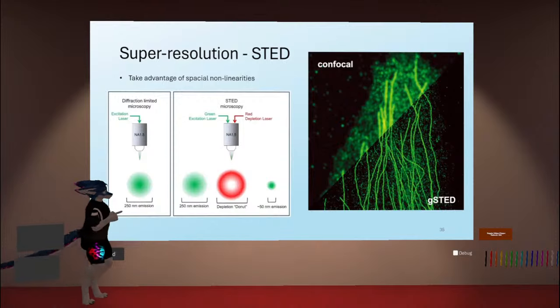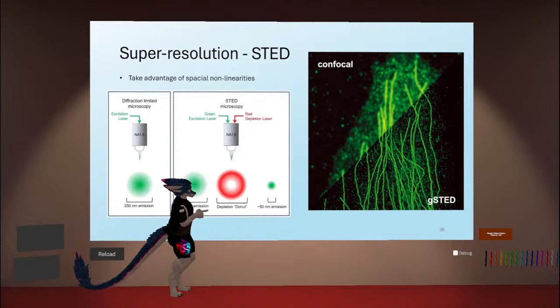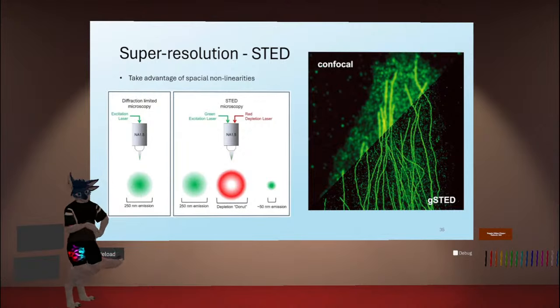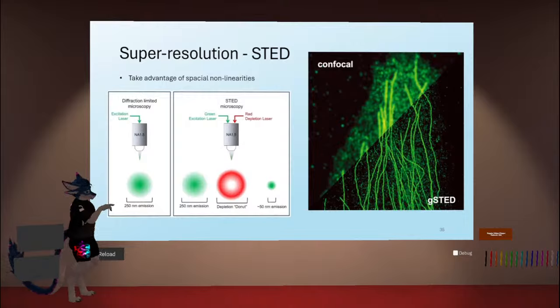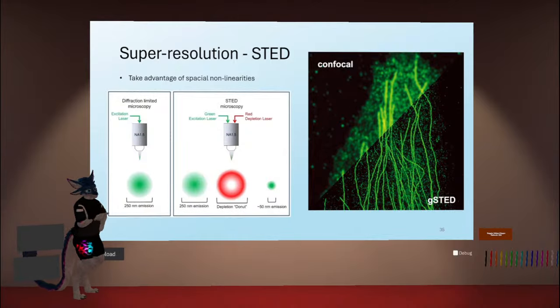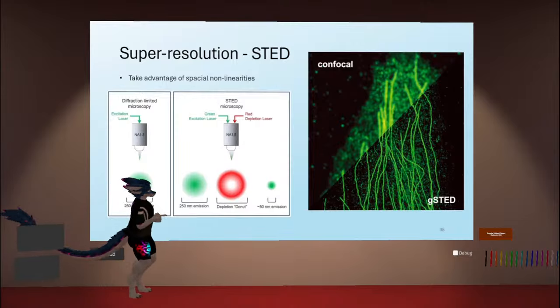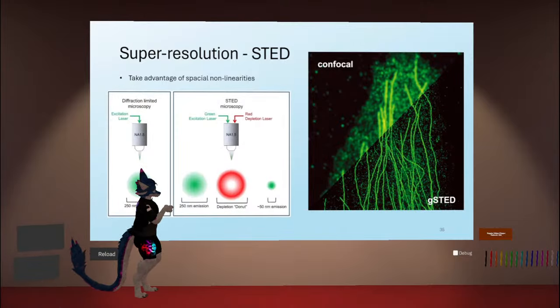And the cool thing is you can get beyond that, because the actual excited region of the tissue, if I go in and excite a bunch of electrons into a state where they're going to be fluorescing, there's nothing that says that can't be very small. So what you can do is pump a bunch of regions like you normally would.